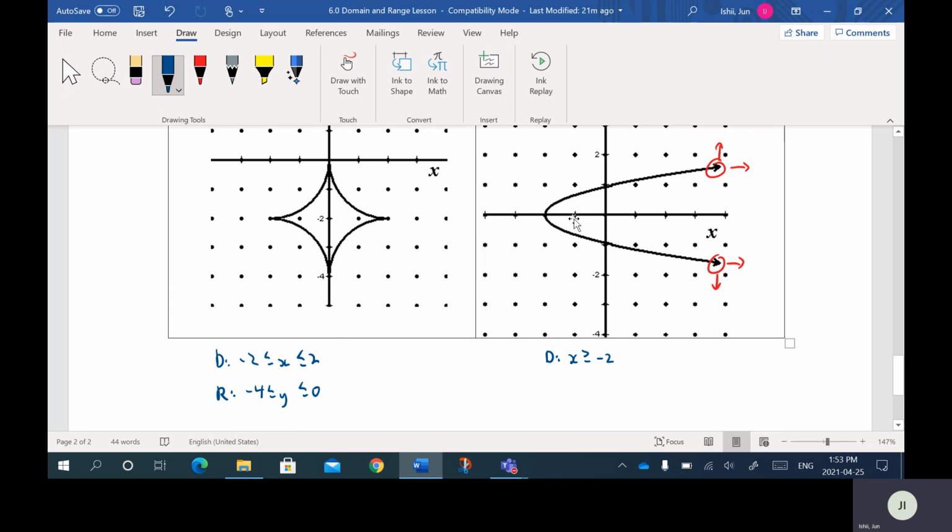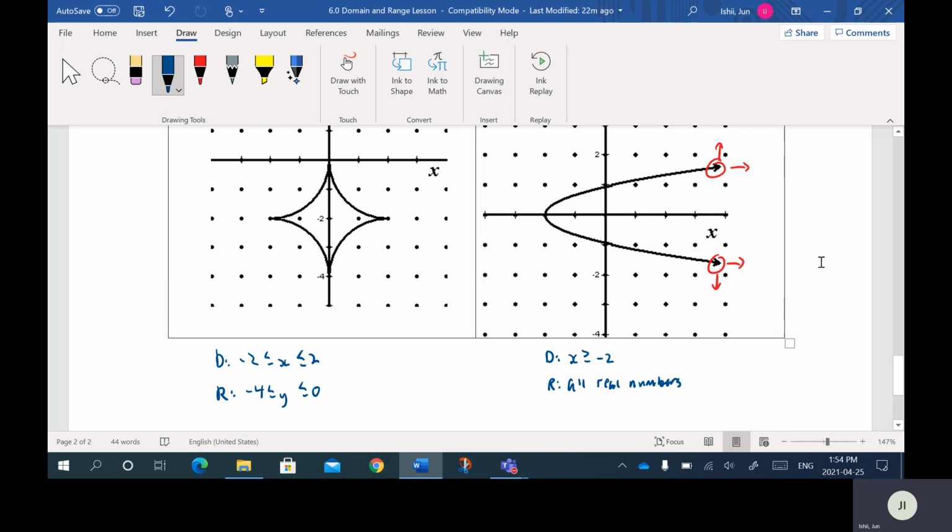So at -2 and anything greater than. For the range, if I run a scanner up and down, these two arrows not only indicate that it goes to the right forever, but they actually go up and down forever. So there's always going to be a function if I was to go up and down. So the range here would be all real numbers.